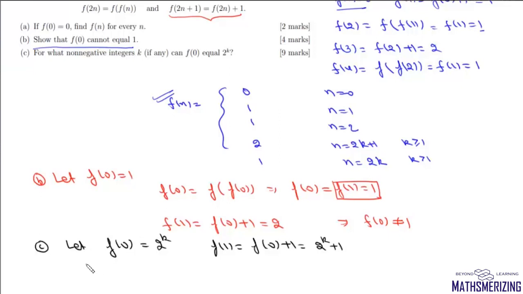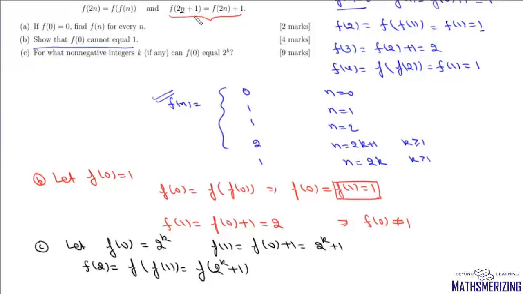Now we'll write f2. f2 simply will be f of f1, and f of f1 simply will be f of 2 to the power k plus 1. Now how do we find f of 2 to the power k plus 1?